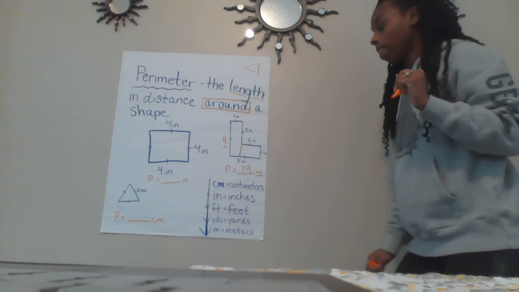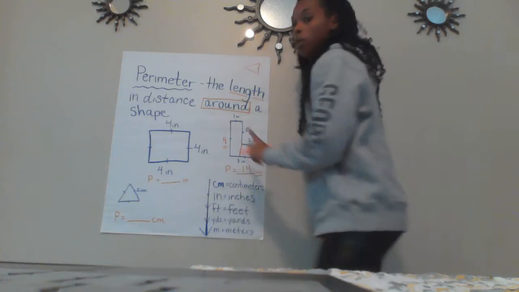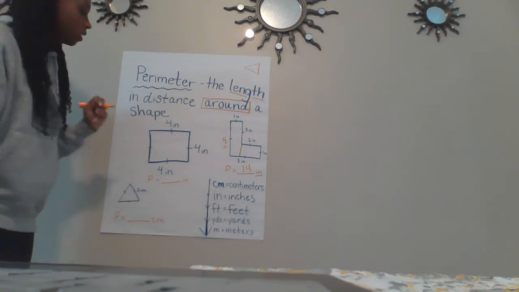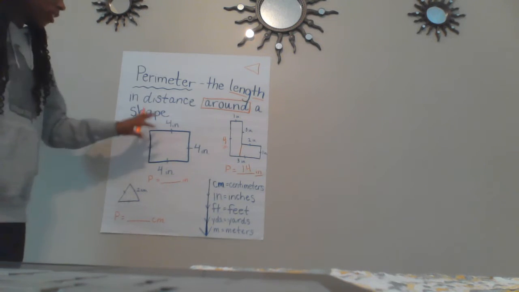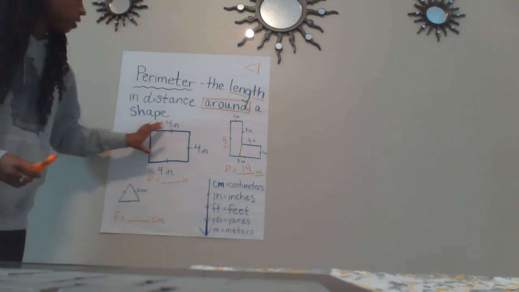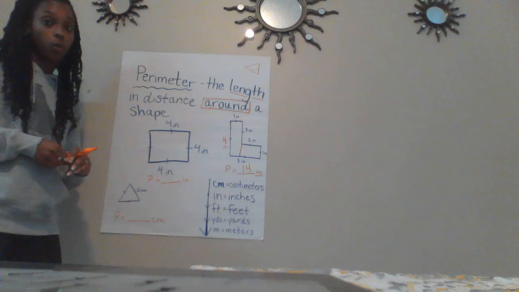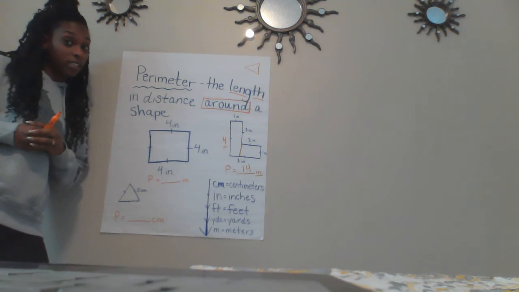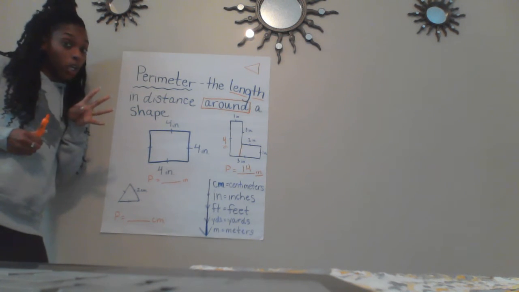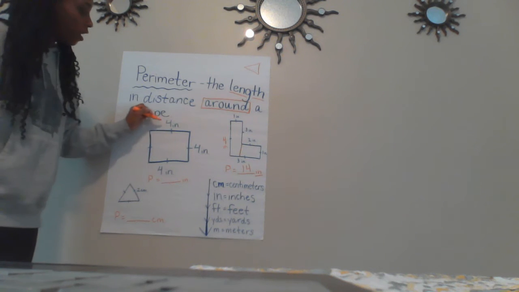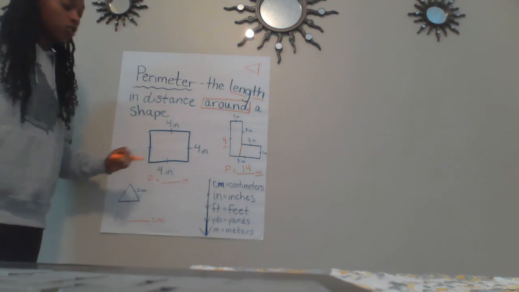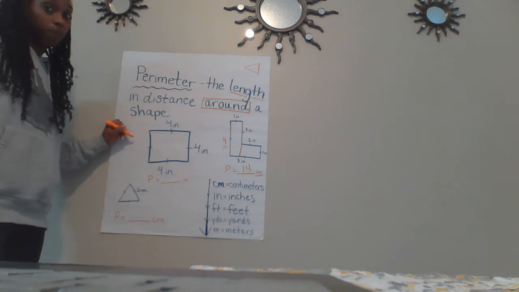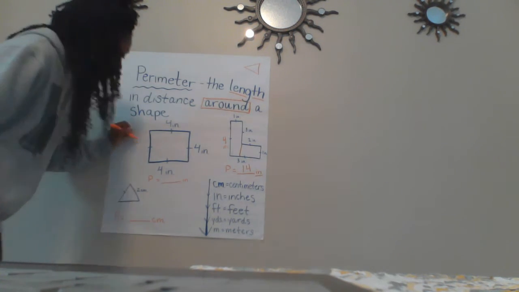Okay? All right. We're going to move on to this one. Again, you have a missing value. So for a square, and sorry, it's not as perfect as it should be, squares have how many equal sides? 4. So if this side is 4 inches, this side is 4 inches, this side is 4 inches, this has to be 4 inches.